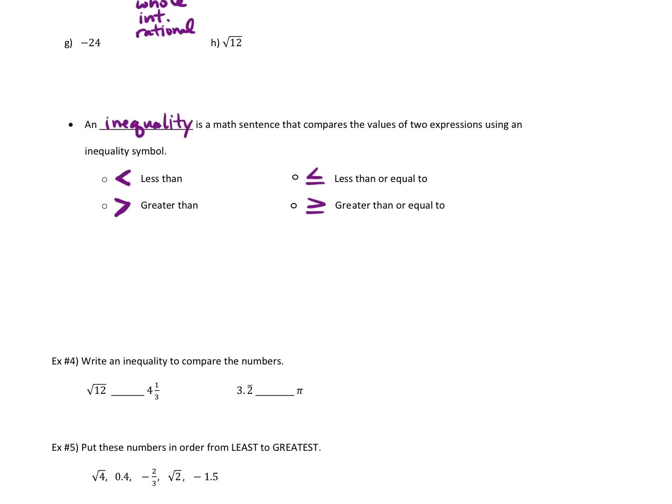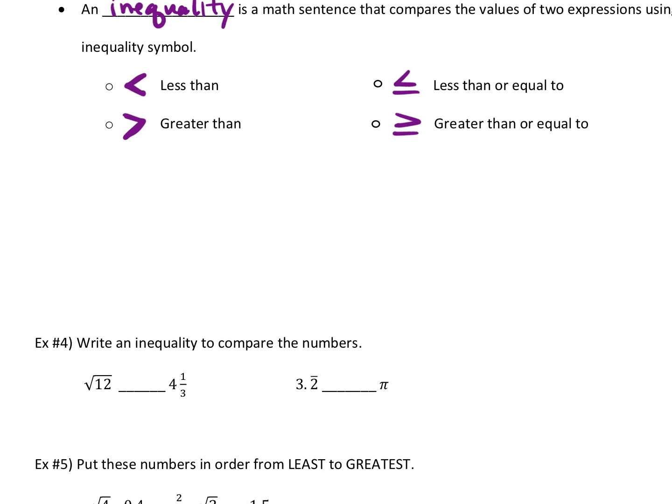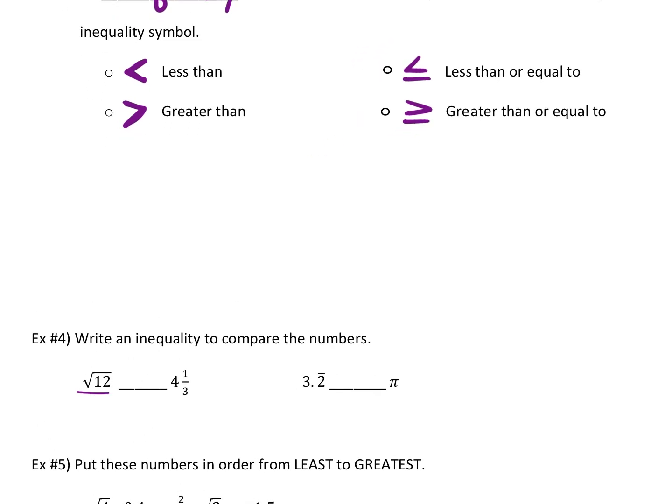Okay, so we want to compare using those symbols, these numbers. The square root of 12 and 4 1/3. Now you might not know what those equal, but your calculator does, right? If you plug in the square root of 12, what do you get? Just give me like 2 decimal places. 3.46, okay, is the square root of 12.